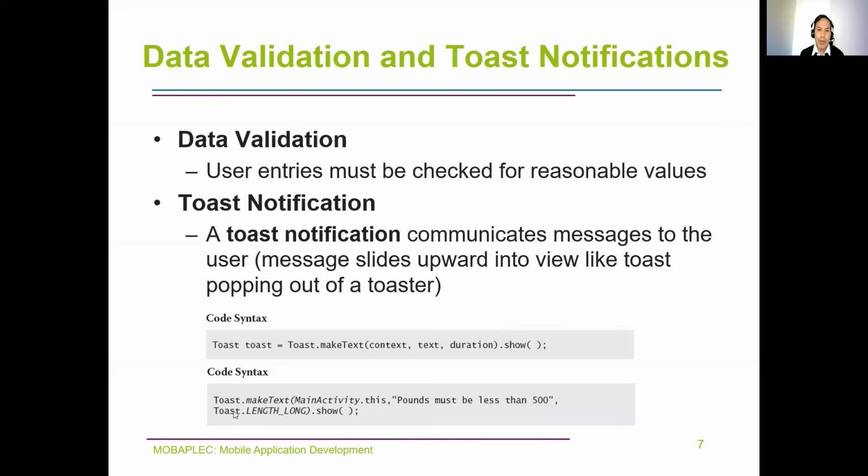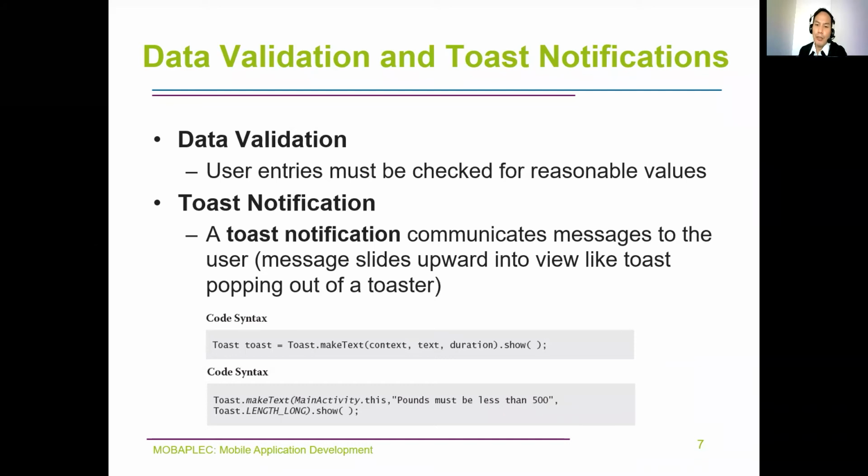So here, for the code syntax, we could also use Toast.makeText followed by the main activity, followed by the message or the text message. The text message shows here that pounds must be less than 500. That's how it works. It will check the given validation and that will pop up. Okay, clear?